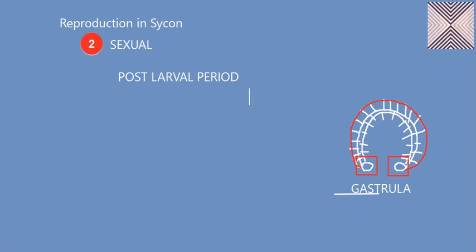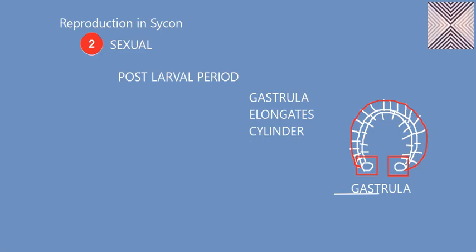So we should start with the gastrula. It elongates, it forms a cylinder like structure, and it forms an osculum on the top.